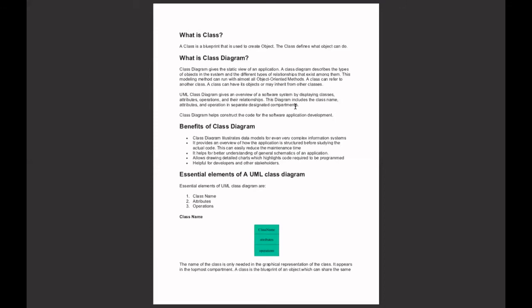An object has identity and state. What is the identity of that object? It shows what the object is, what its state is, and its behavior, what its function is.